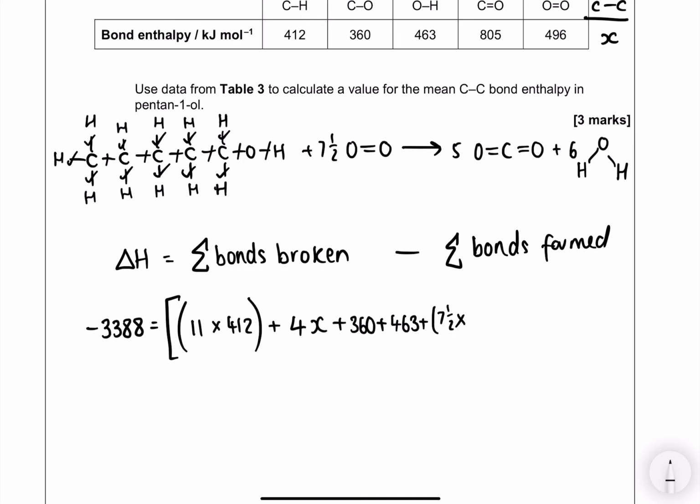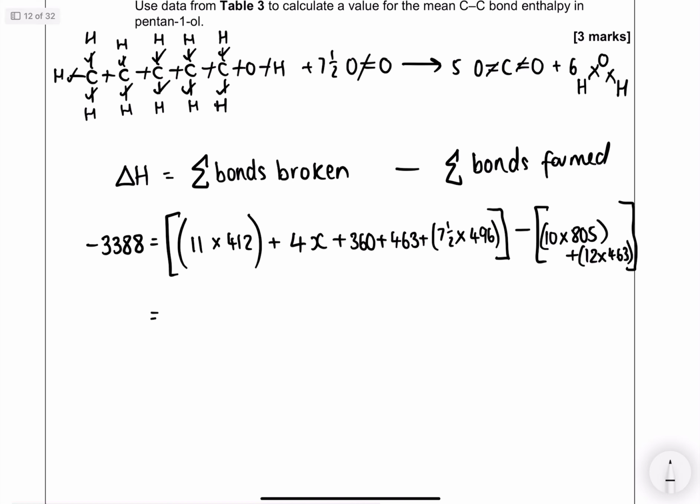times 496, big bracket around that, minus, what have we got on this side? We've got 1, 2, but times by 5, so 10 times 805, and 6 times 2 is 12 times O-H 463. So let's add up those two brackets.